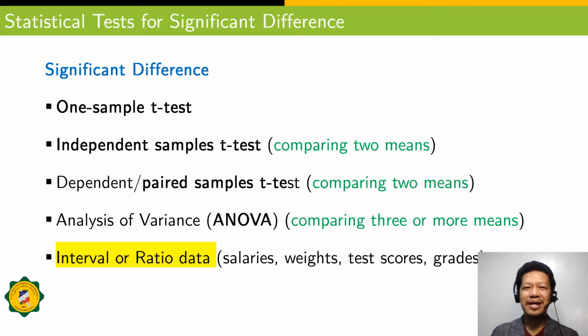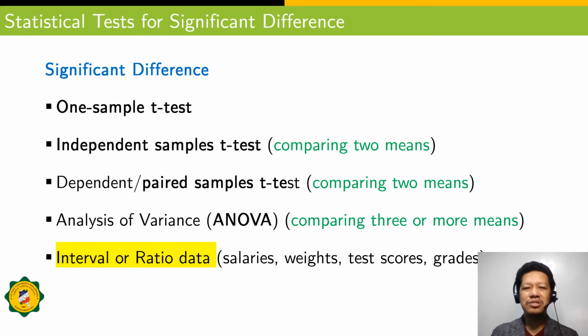So let us now discuss when to use some tests for significant difference and tests for significant relationship. Let's start with the test for significant difference, and here are some of the statistical tests. We have one sample t-test, independent samples t-test used to compare two means, the paired samples t-test also used to compare two means which are dependent, and we have the analysis of variance or ANOVA used to compare three or more means or groups.